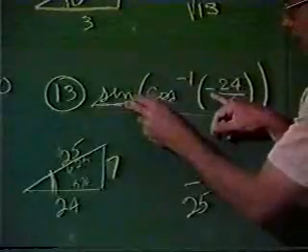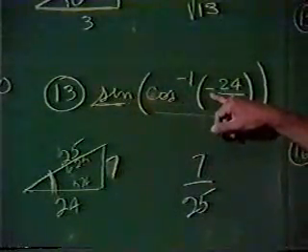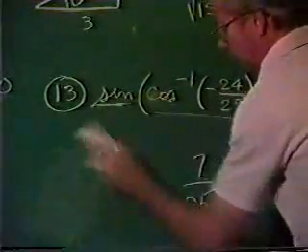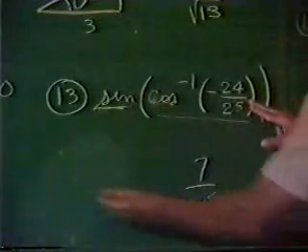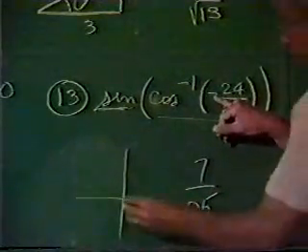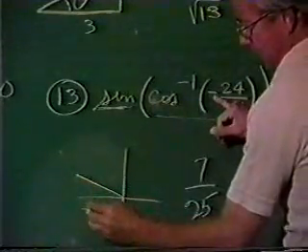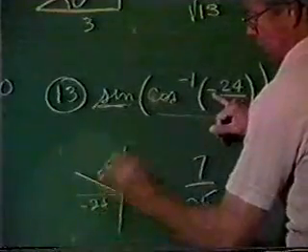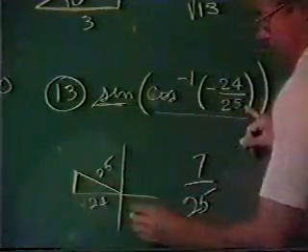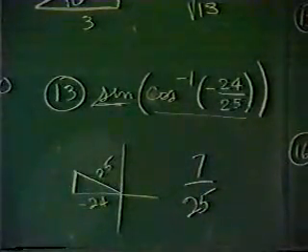What is the sine in quadrant 2? It's positive. Another way of doing this to get the same answer is realizing that this is in quadrant 2 and drawing it like this. Since this is in quadrant 2, then I'm going to draw it where x is minus 24 and r is 25, and that still makes y a positive 7. So you can do it either direction you want to.